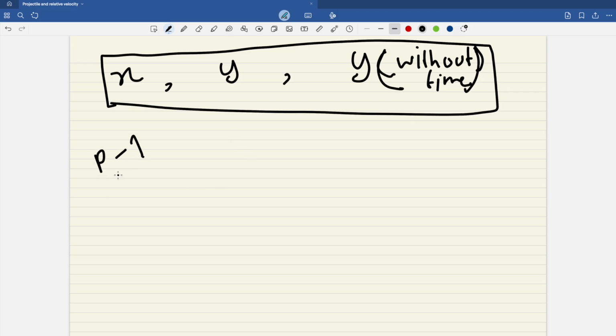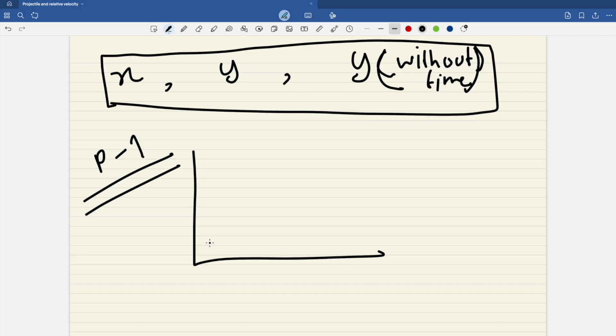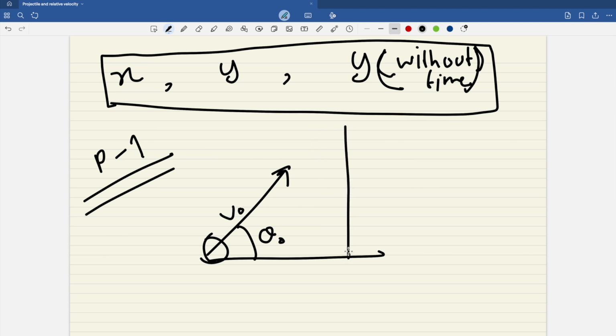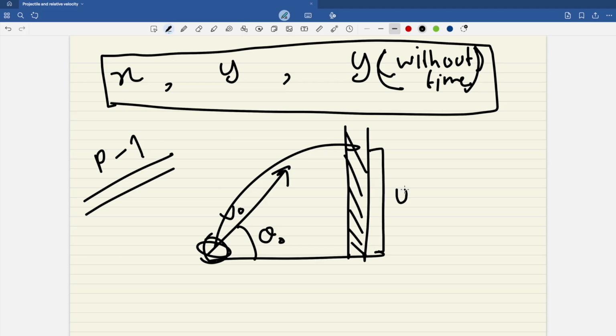See, if I show you a problem where, suppose an object is being thrown at v naught velocity along theta naught angle at horizontal, and there is a wall, and the object is thrown, now I want to know what is the height of the wall, right?